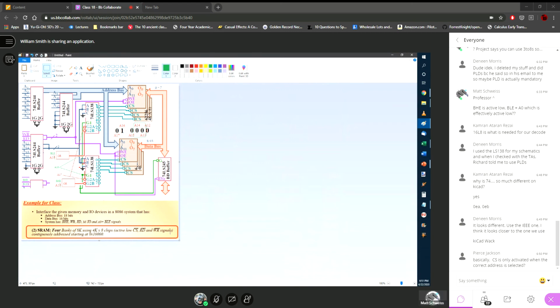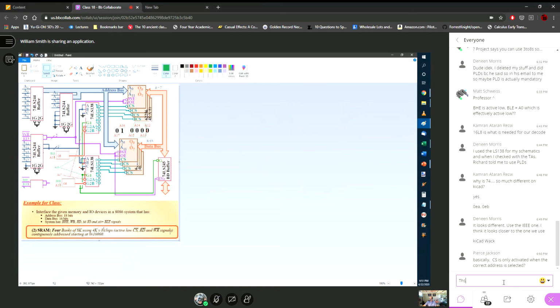So this chip and this chip make 1 bank. The next pair of chips makes a second bank. The third pair makes a third bank, and the fourth pair makes a fourth bank. That's the 4 banks. 4 banks of 8K, and they're 4K by 8 chips.